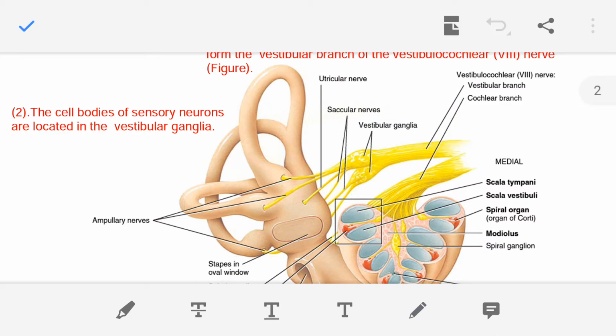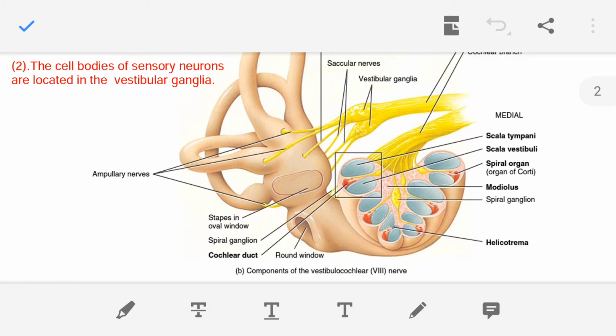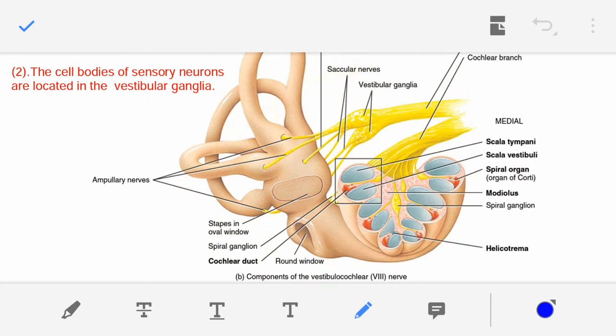And here, this is the hearing organ in the internal ear: the cochlea, organ of Corti, or the spiral organ. With the spiral organ, this branch is the cochlear branch.